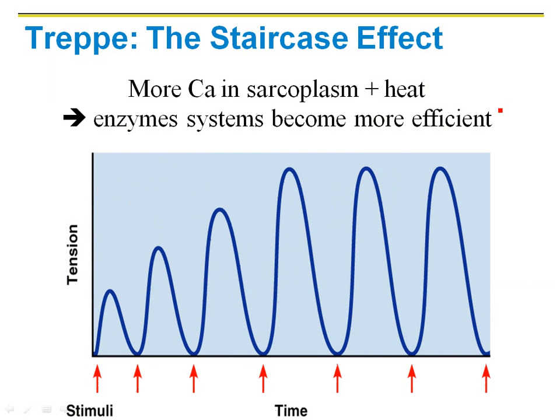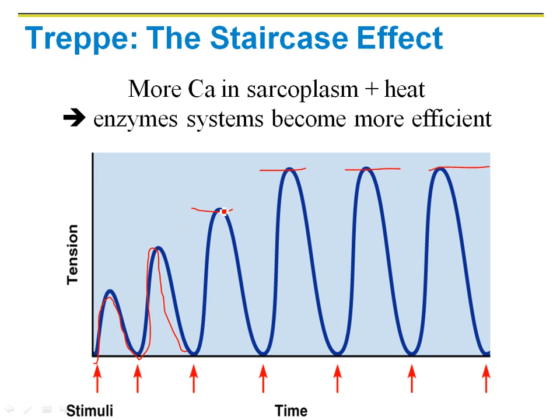You also have treppe. At first glance, treppe looks a little bit like wave summation or incomplete tetanus. But what's different is it is multiple stimuli. You are getting greater and greater tension each time to a maximum peak. However, the muscle is allowed to relax each time completely. So what you're doing is contracting the muscle, allowing it to relax, and then just contracting it right off the bat.